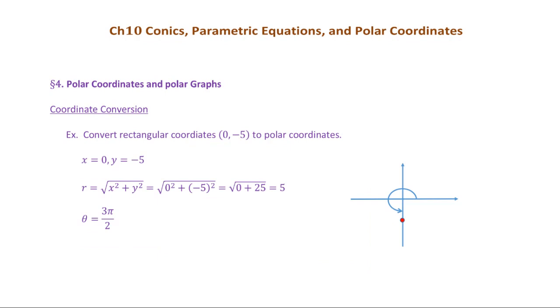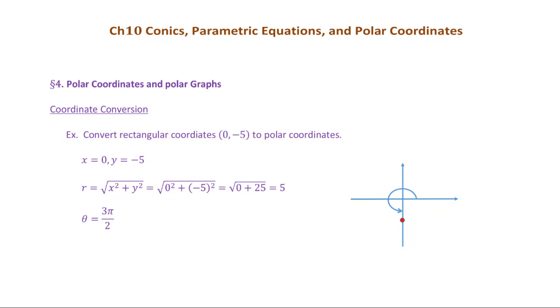Okay, now let's talk about another example. We want to convert the rectangular coordinates 0, -5 to polar coordinates. So this time we need to do it in the reverse way. So the rectangular coordinates are 0 and -5. So x equal to 0, y equal to -5.